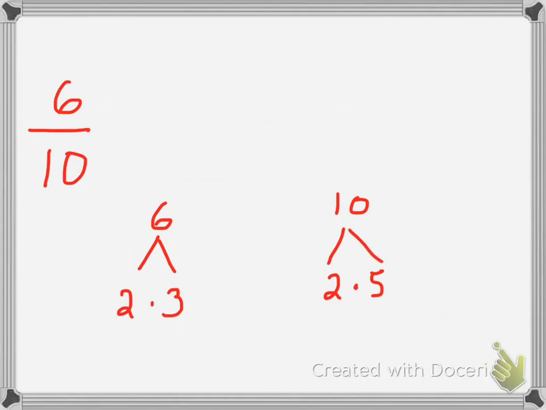So we know that the prime factorization of 6 is 2 times 3, and the prime factorization of 10 is 2 times 5. We know that the 2's cancel each other out, and we are left with 3/5. So we've quickly figured out that 6/10 is equal to 3/5. Now that's using the prime factorization method.